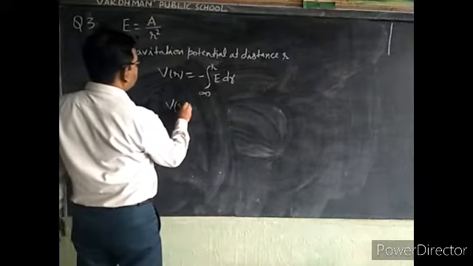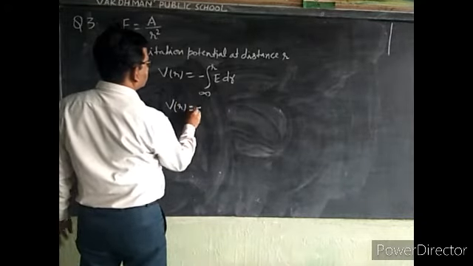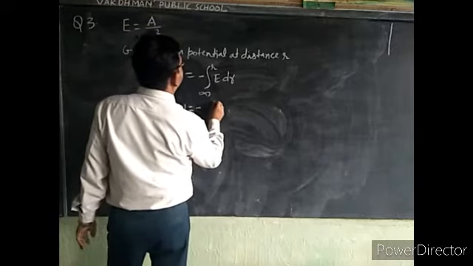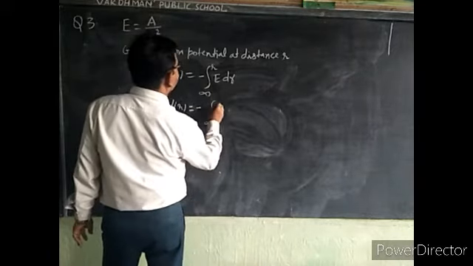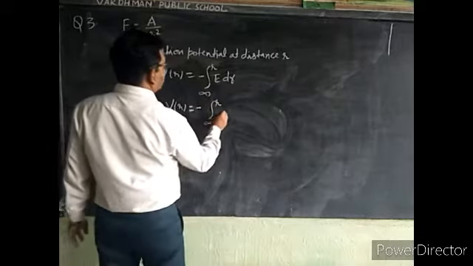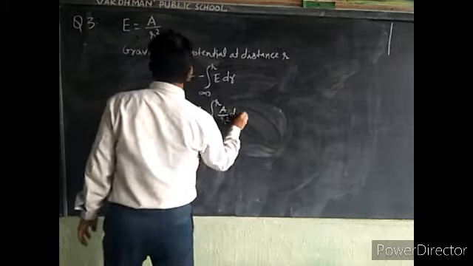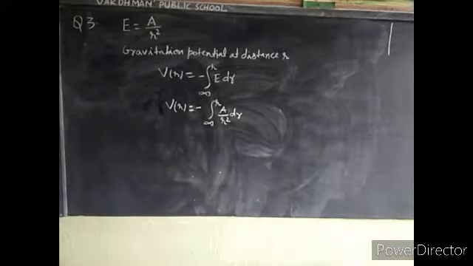Then Vr is equal to minus integral from infinity to r of A upon r square dr.